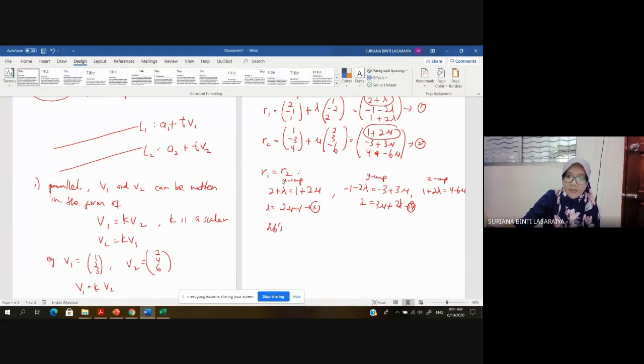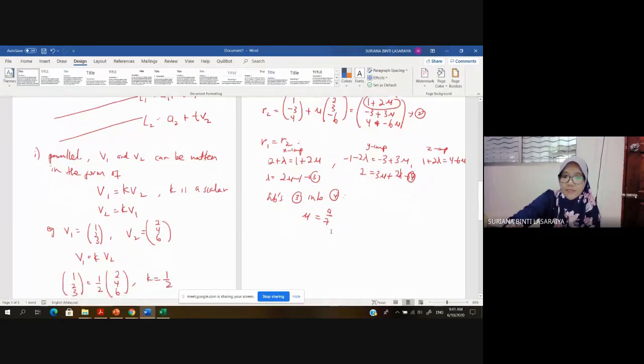So substitute 3 into 4. So you akan dapat mu equals to 4 over 7. Then when mu equals to 4 over 7, then you substitute, ini simultaneous equation lah, lambda equals to 1 over 7.